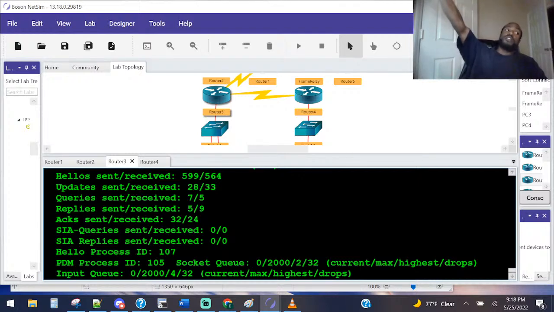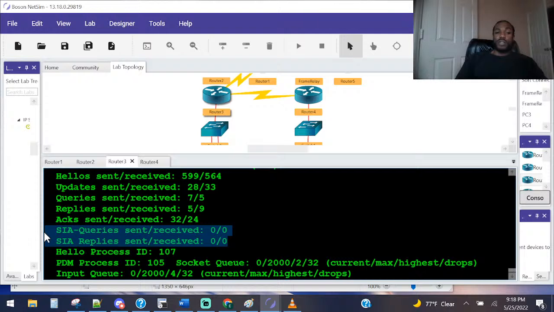And he's still trying to look for that EIGRP neighbor, but he's not getting the updates from him, and he just stays active, actively looking for an EIGRP neighbor, and that's what SIA stands for. It doesn't really happen very often. There's ways that they circumvented that with the software, but that's something that you want to kind of know about as well.